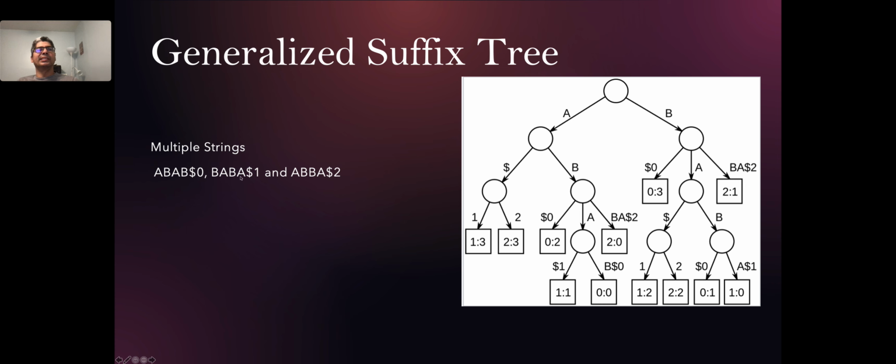You can see string 1 ends with A, and string 2 also ends with A. And we can see the sequence A and then B, a suffix that starts with AB and has an additional A. There are two suffixes that have this, one in string 1 and the other in string 0, starting at positions 1 and 0.